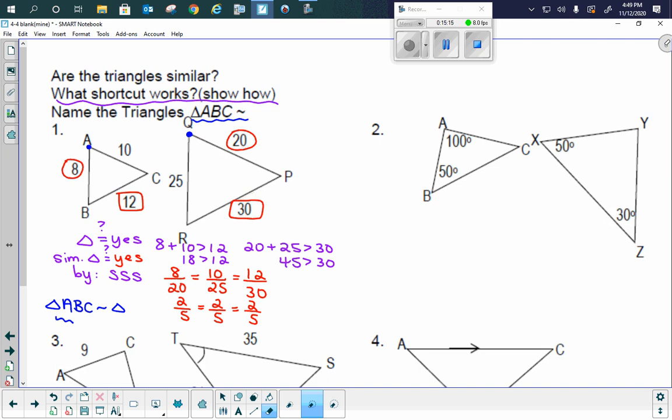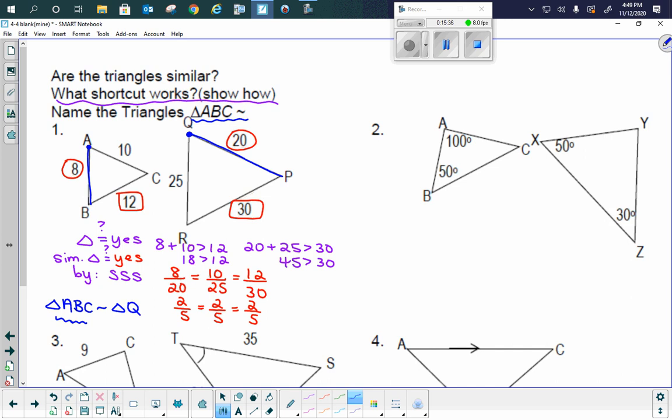Now next, if I'm going to go based on the name, based on this name down here, we went from A to B. If I go from A to B along the circle, I need to do the same thing from Q. If I go along the circle, that lands me at P next.